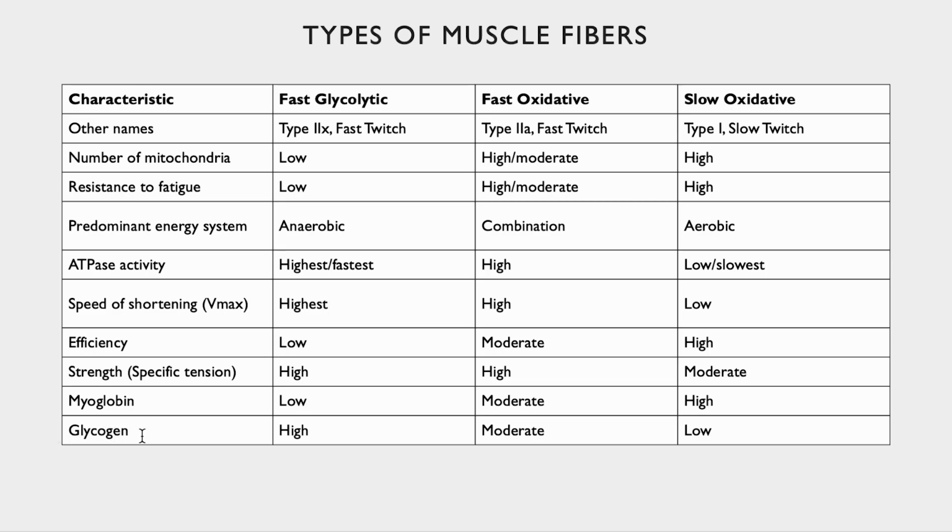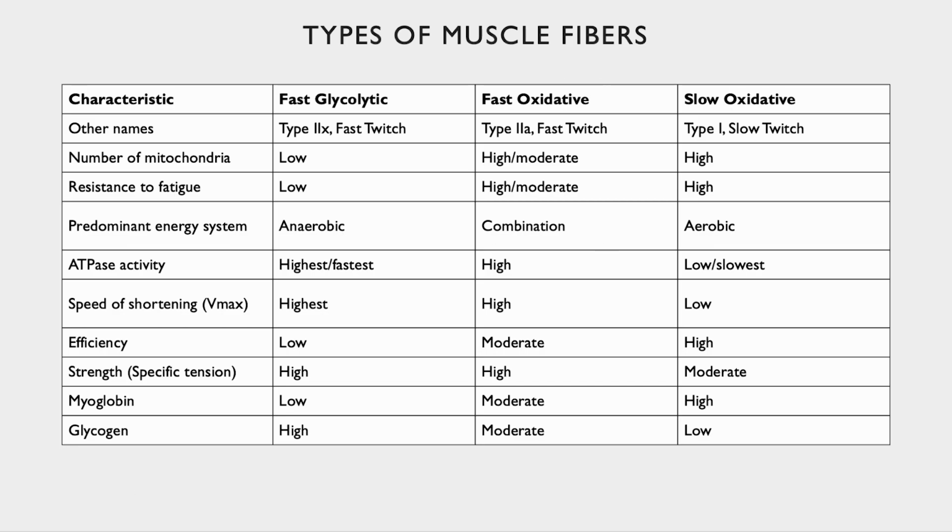Relate glycogen to sugar. Sugar is white, pale, while myoglobin is related to hemoglobin, to blood, red. Those are some mental helps that we can use to remember these things and make sure we remember them forever. Okay, those are the types of muscle fibers.